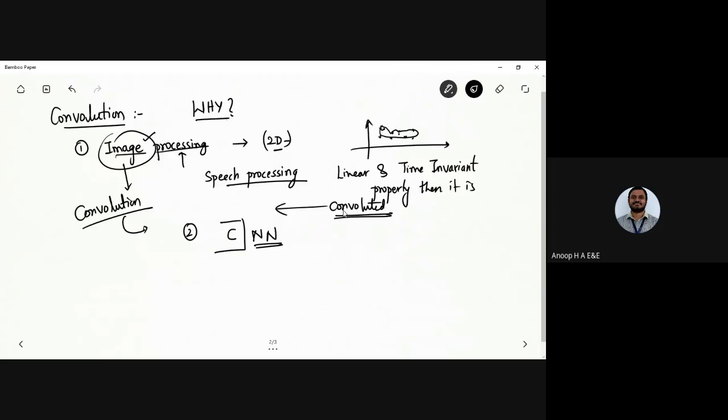Okay, so I'm listing one more area, which you can call the convolution neural network, where the convolution operation is performed on the neural network. So CNN, convolution neural network, is one thing.